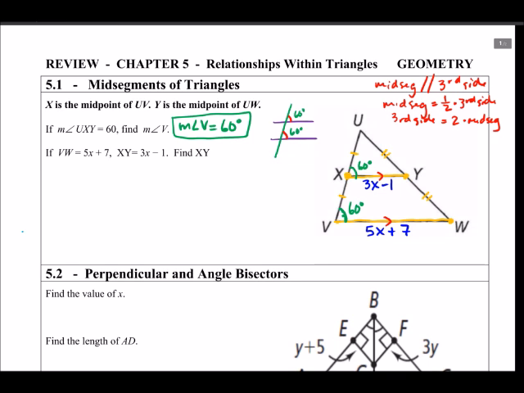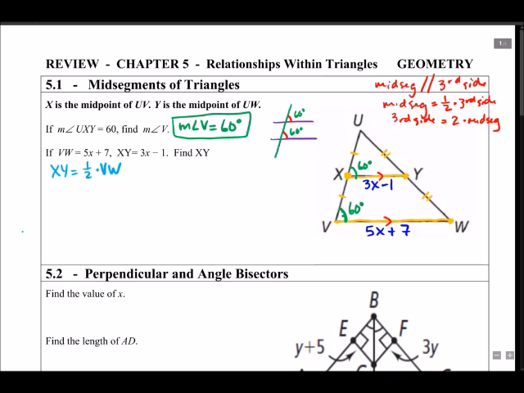So we could say that the length of XY is 1/2 times the length of VW.